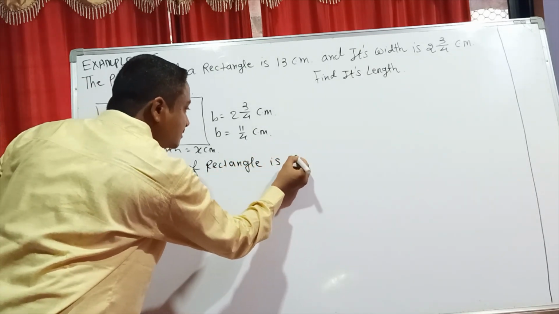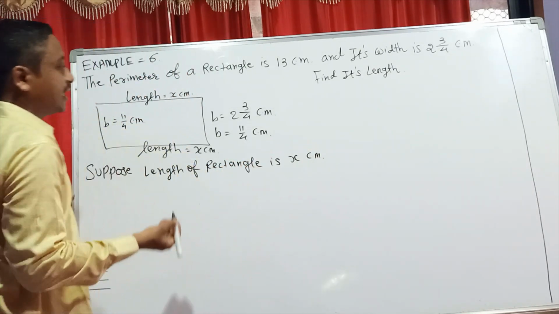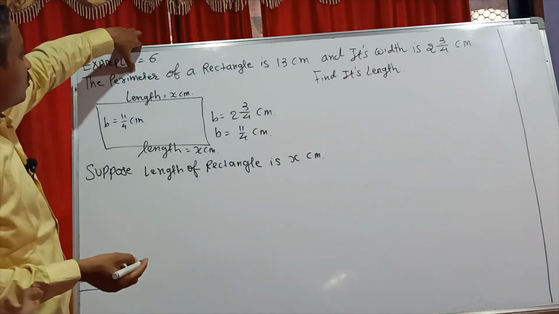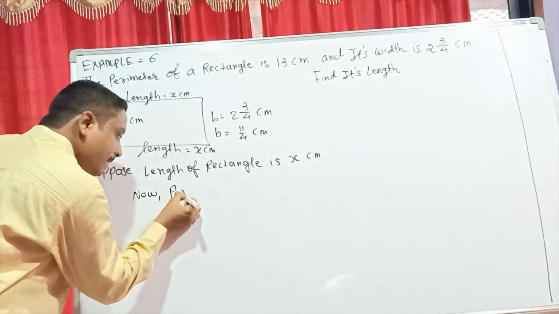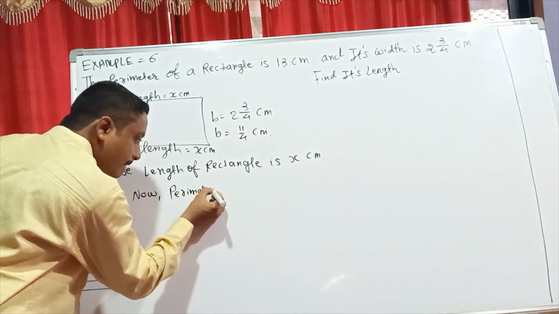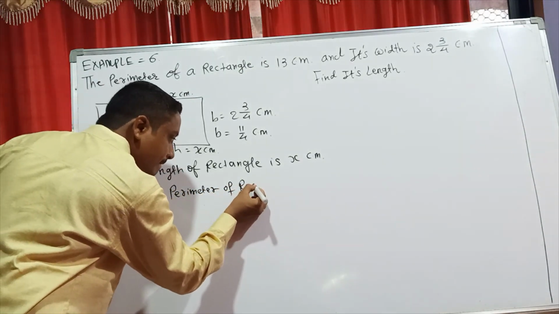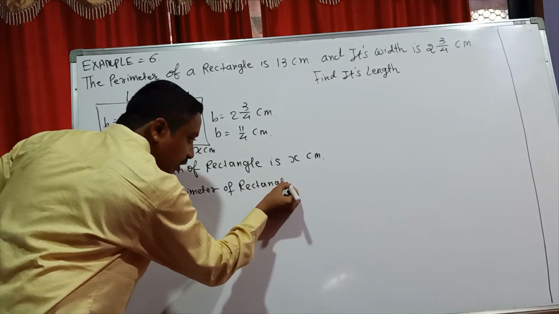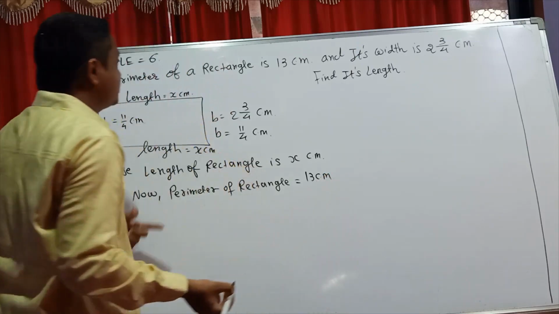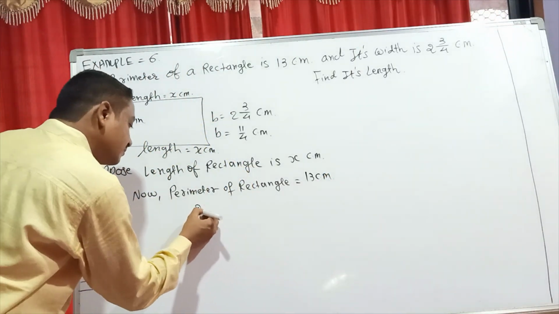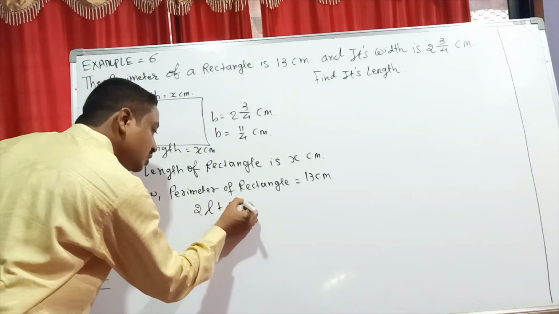The breadth is already given, and what is the formula for perimeter? The perimeter of the rectangle is already known, it is 13 centimeter. The perimeter formula is 2 times length plus 2 times breadth.